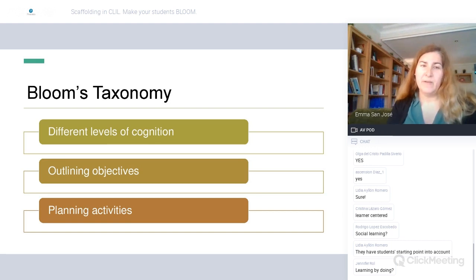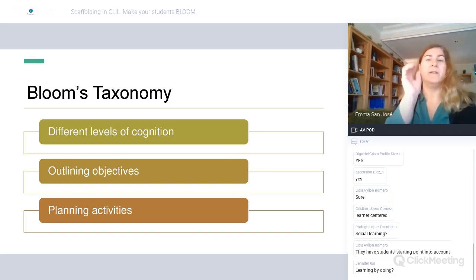The taxonomy kind of makes categories of the different levels of cognition and classifies the ones that are more simple, let's say, or less difficult from a cognitive point of view, to the ones that are more advanced.